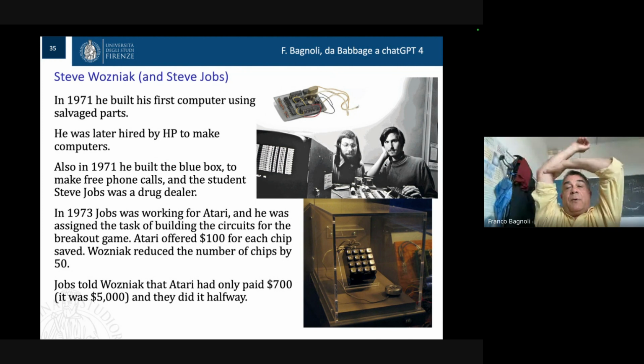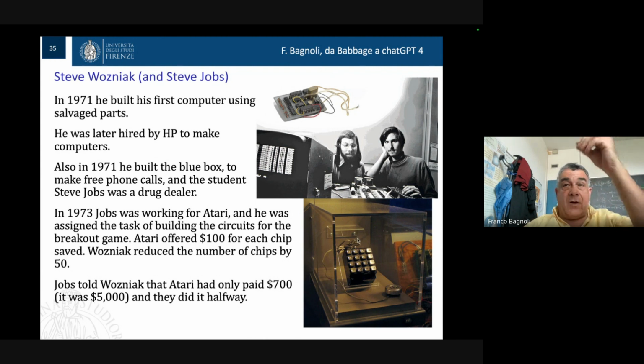And this is, for instance, how the founders of Apple, Wozniak and Steve Jobs, entered this history. So essentially, they were a kind of hacker. For instance, Wozniak, who is a genius of electronics. One of the first devices he built was a box that used an audio device to reproduce the sound of the coins falling down into the telephone circuit, in the telephone box, and was able to let people telephone without paying, essentially.